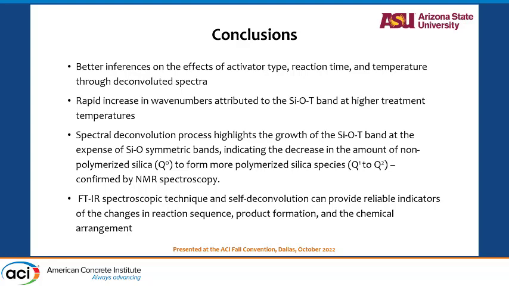So Q2 is what you see in your regular Portland cement structures, Q1, Q2, Q3 in alkali activator structures, and Q4 is the polymerized silica species. So you can have FTIR coupled with NMR or a good deconvolution strategy as a standalone method to look at changes in reaction sequence, product formation. But it's a very useful, very quick technique.